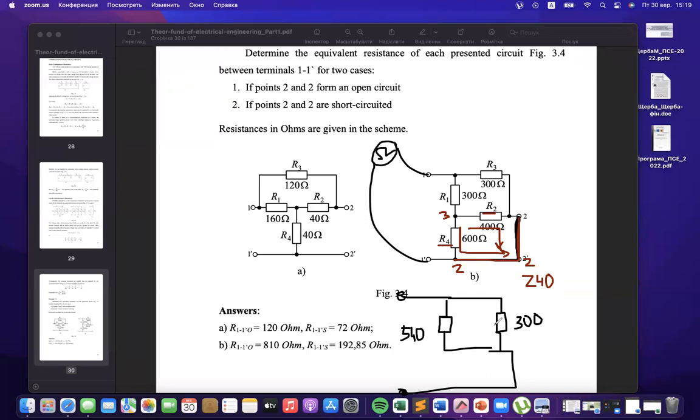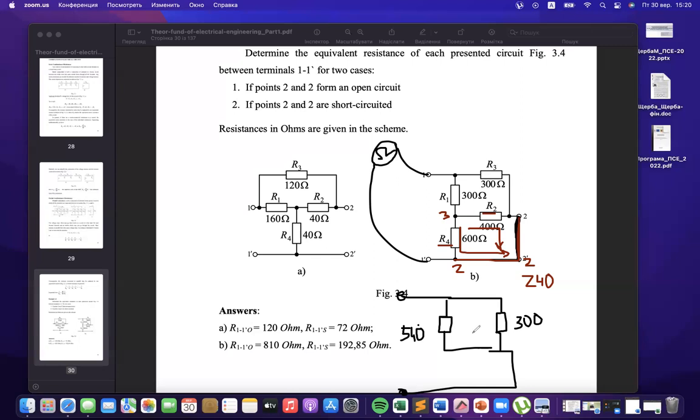And the last step? 540 multiply 300, or 540 plus 300? They will be in parallel or in serial? How we should do it with these two?